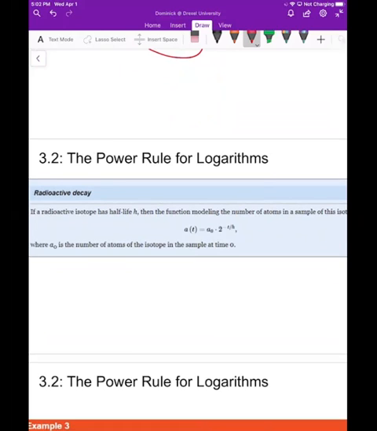If you have some sort of radioactive isotope that has some half-life h, we can model the number of atoms currently present in that isotope, where A0 is the initial amount, t is the amount of time that's passed, and h is the half-life. So we can use this information to do that.